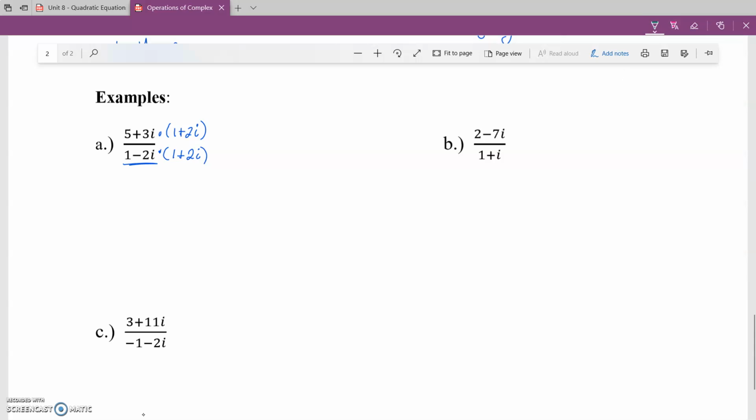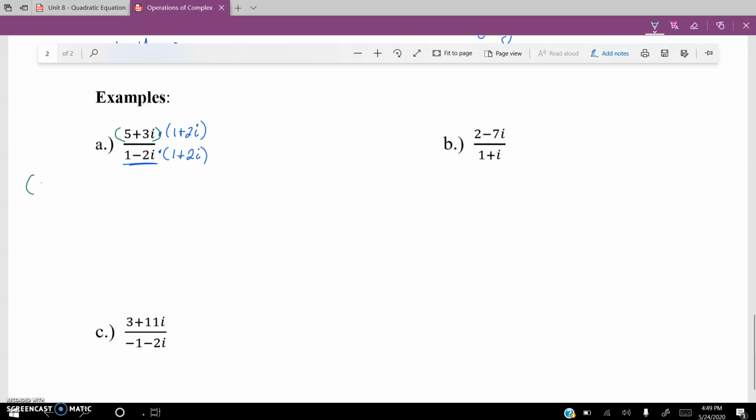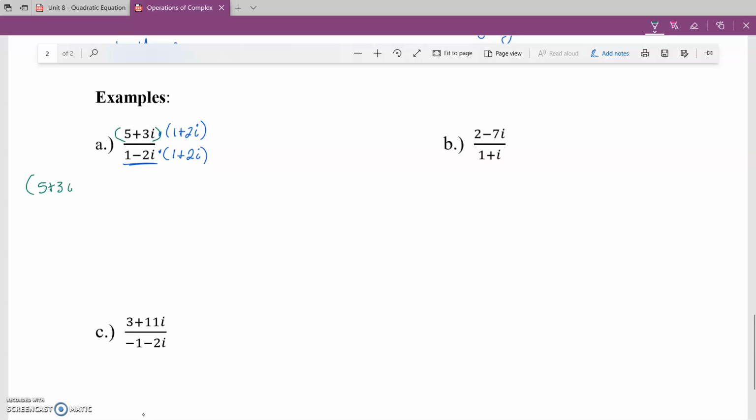I'm going to do them in different colors off to the side. So let's do the top in green. 5 plus 3i times 1 plus 2i. 5 times 1, 5. 5 times 2i, 10i. Plus 3i, plus 6i squared.